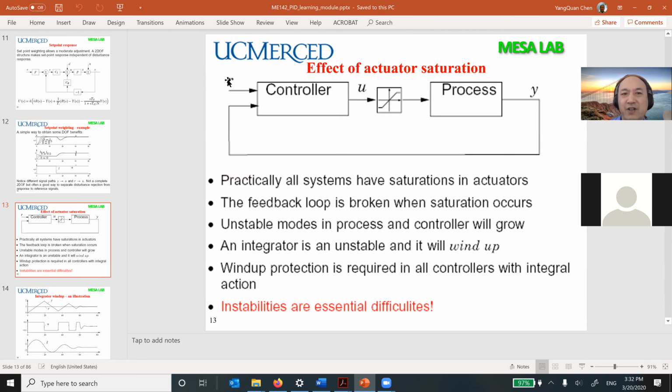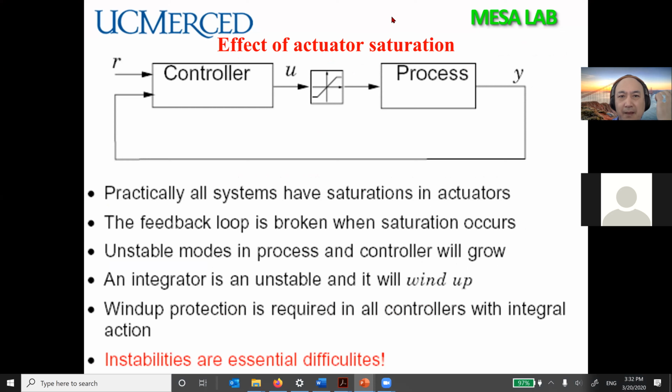Say, for example, you have a reference. Can you see this? Yes, you can. So you have a reference, system output, feedback, then you do a model analysis design, you make a decision, and then you have a control action.